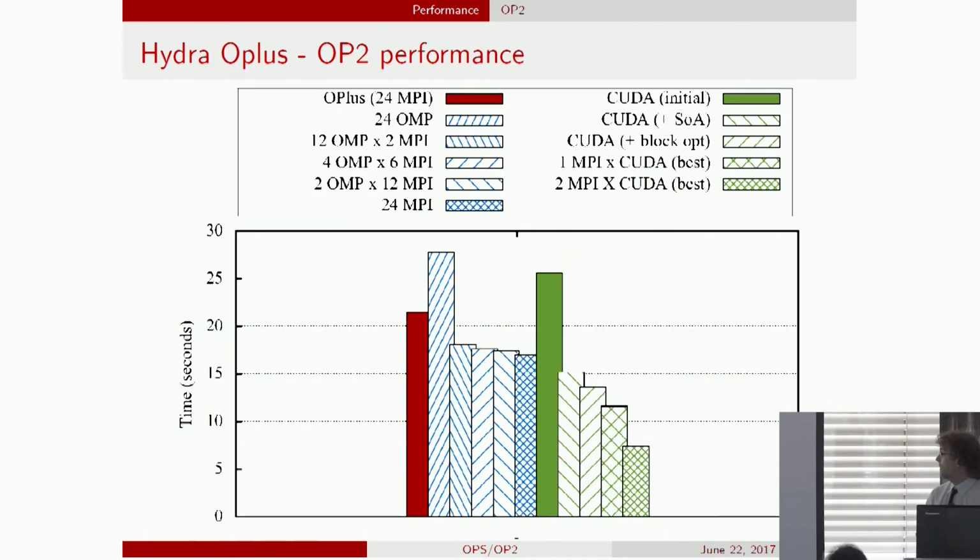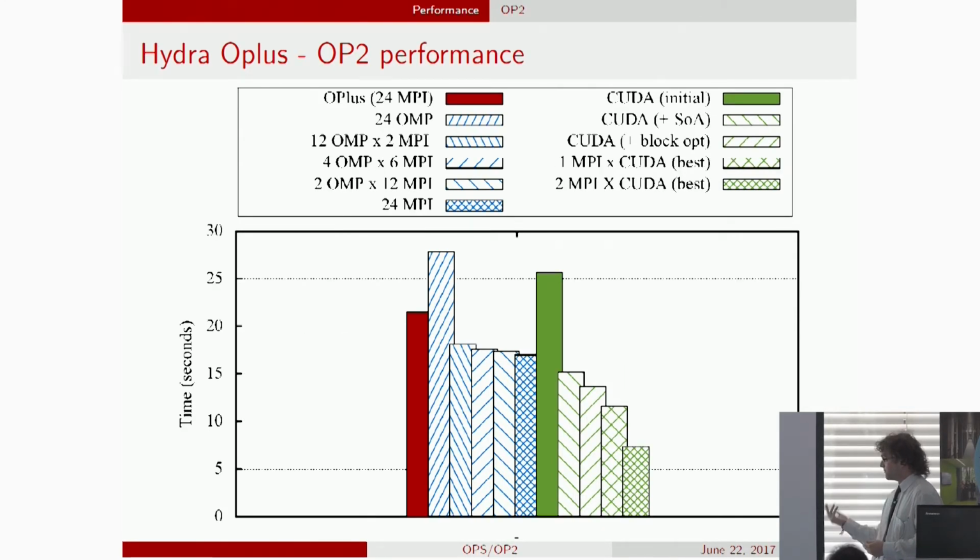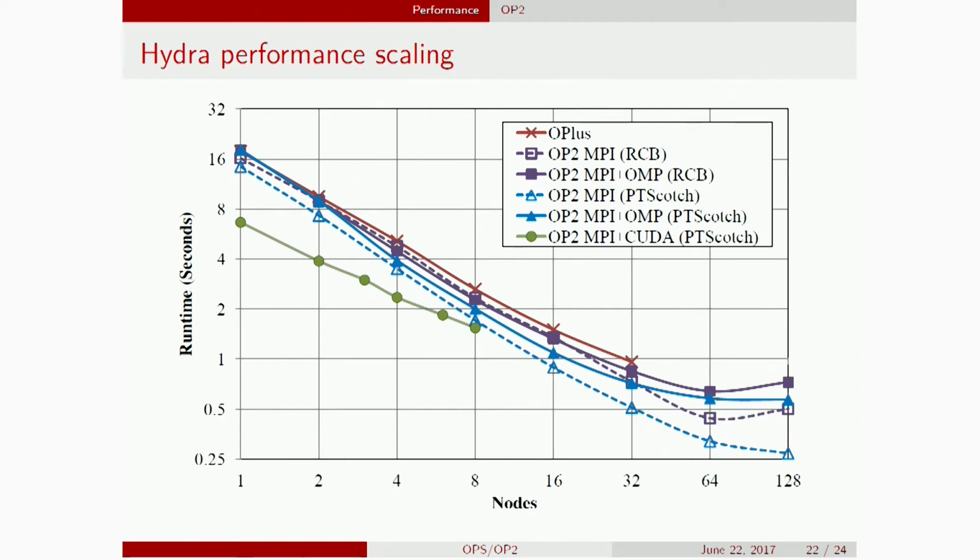And after porting it to OP2, on a single node with GPUs, we have, of course, better performance than the original old version. And also the scaling is almost the same as the original version.